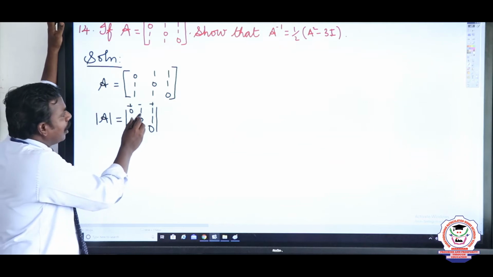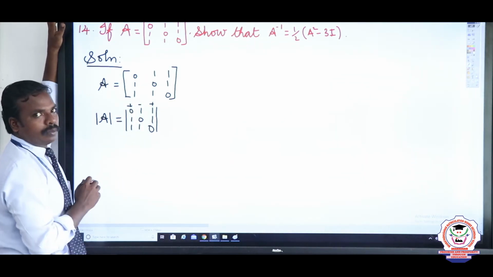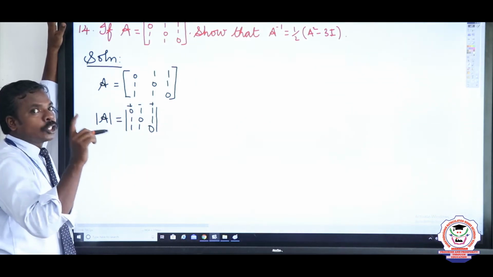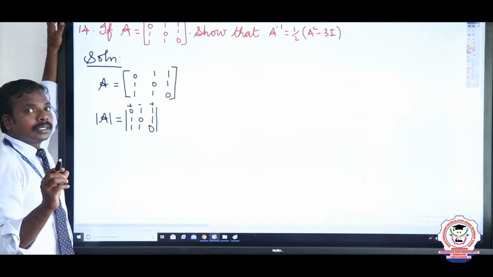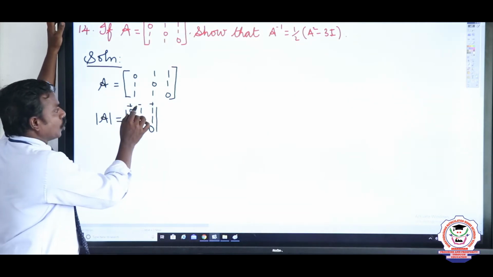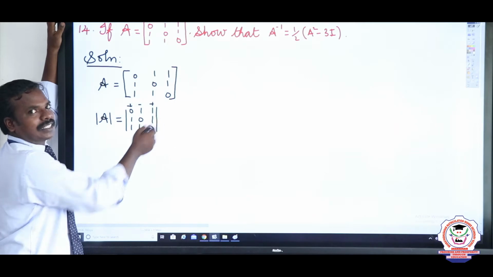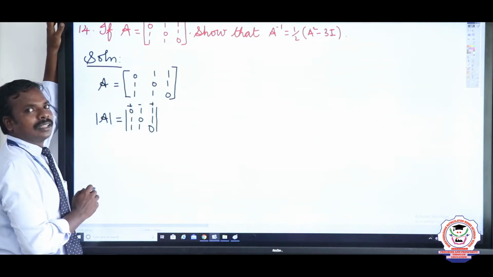In the second value, 1 is there. That is first row, second column, A12. Now add 1 plus 2, that is 3. 3 is an odd number. If you get an odd number, we should keep minus. Likewise, the first row, third column, 1 plus 3 is 4, an even number, so I have written plus.